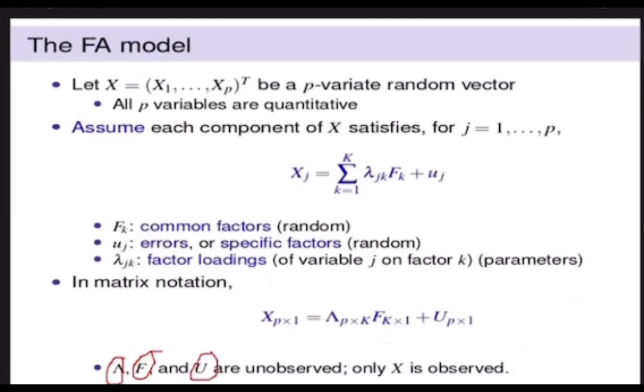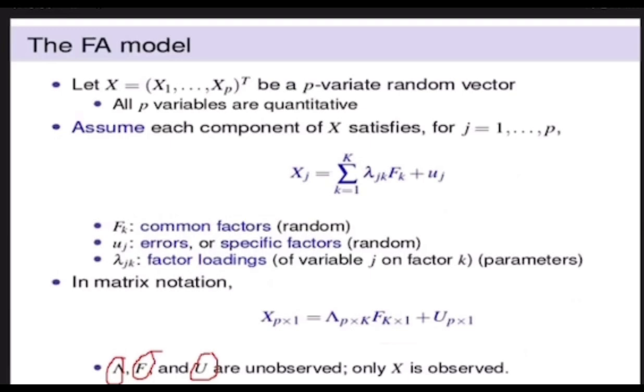The only thing that is observed here is X, the features. So since they are unobserved, we're going to figure them out from the model. Does that make sense? We're going to figure them out from the model.